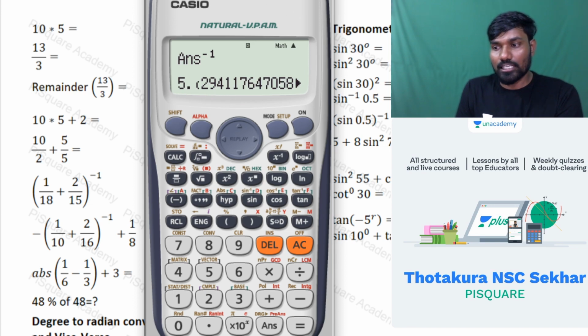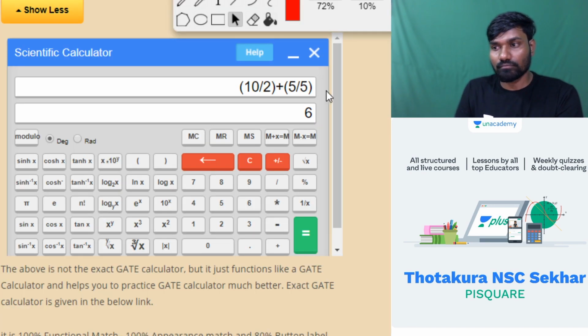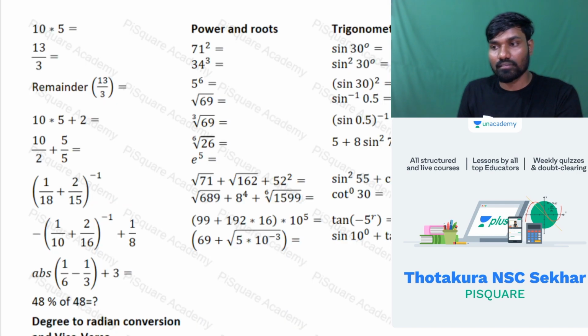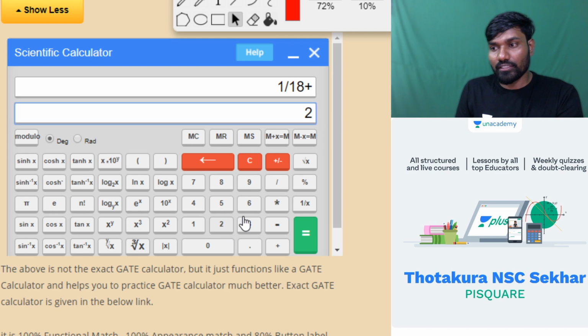Okay, let's perform the same over here. Clear the screen always. So what's that? 1 by 18 plus 2 by 15.